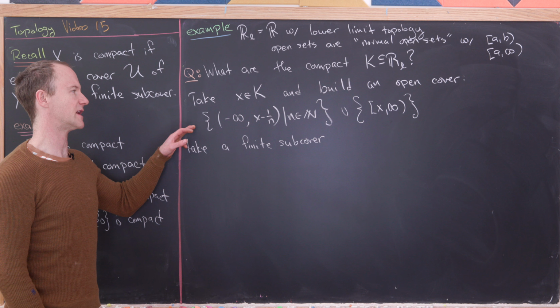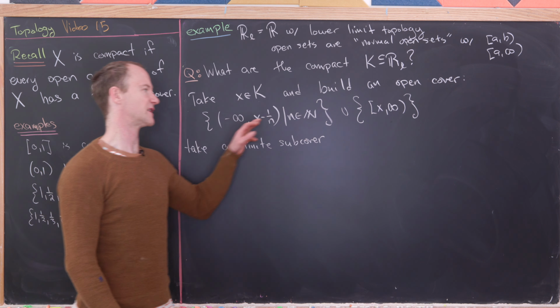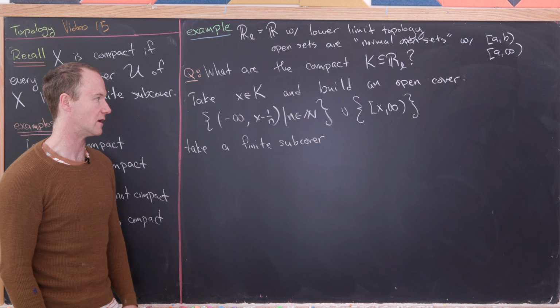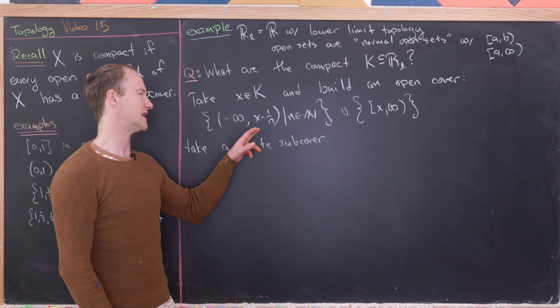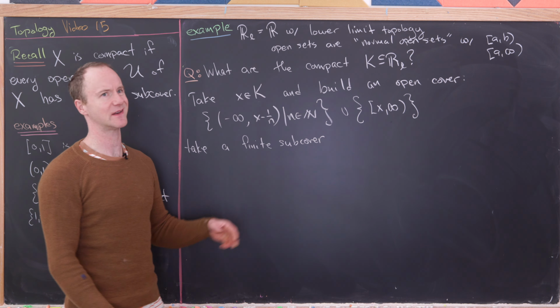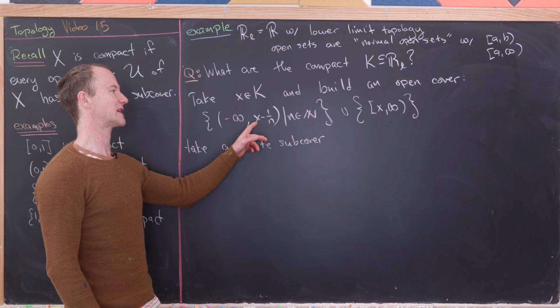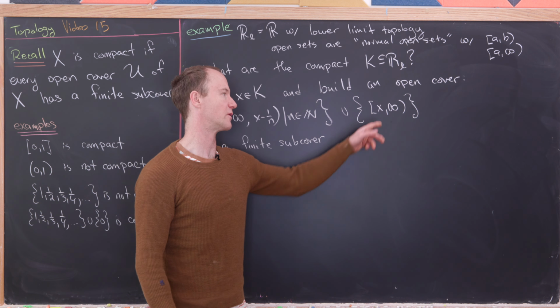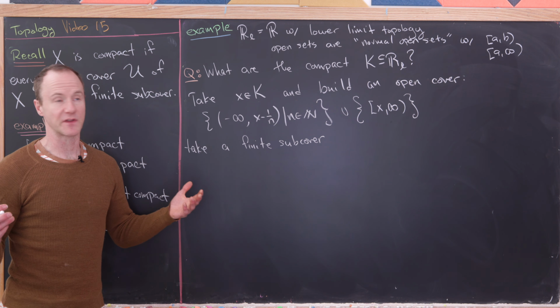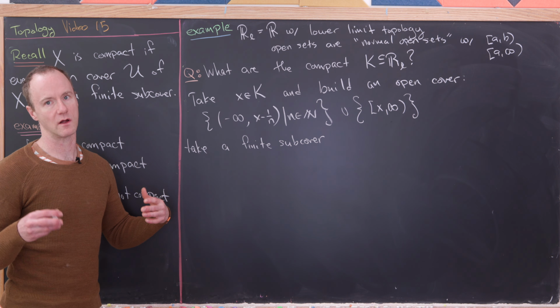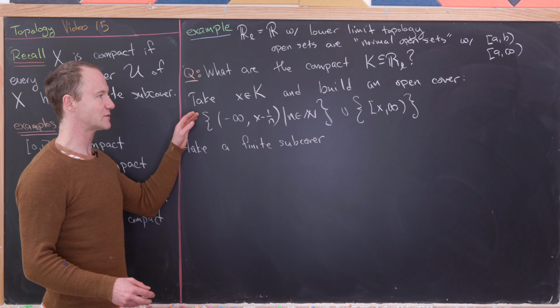But let's notice that this collection of subsets actually covers all of R_L. If you take the limit as n goes to infinity, notice that you'll get the open interval from minus infinity up to X. And that's going to glue together with that interval that's open in our topology to build all of R. So anyway, that's why it covers it.